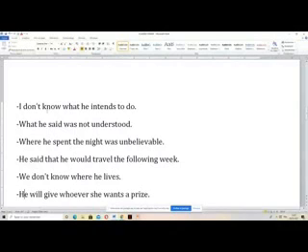He said that he would travel the following week. So here, where is the noun clause? That he would travel the following week. He said what? So here it's a noun clause functioning as an object of the verb said.